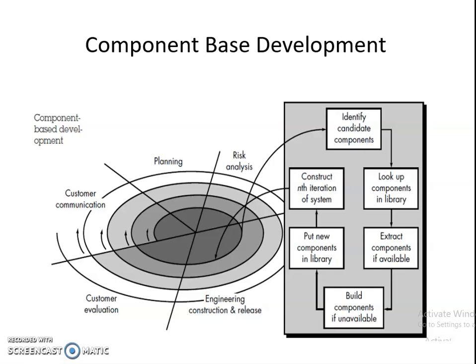It is the same as the spiral model. It is evolutionary in nature and demands an iterative approach to the creation of software. And the model focuses on pre-packaged software components and it promotes software reusability.